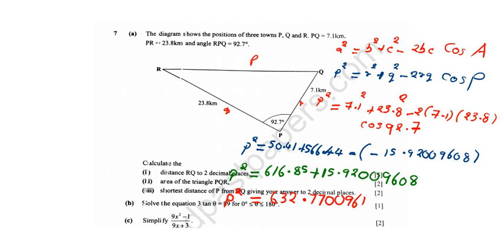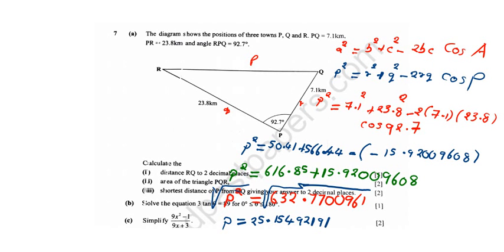So I'm going to introduce a square root on both sides. So square root this side and square root the other side. So the squared and the square root will cancel. I mean P is equal to the square root of 632.7700961, which is 25.15492191.